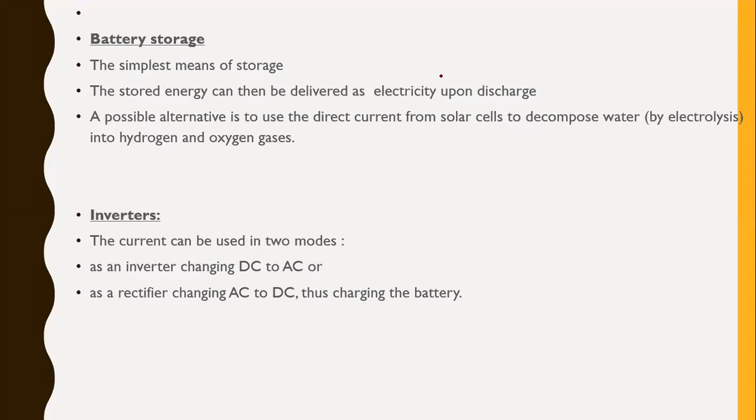What is that? If you use the direct current from the solar cells to decompose water by electrolysis into hydrogen and oxygen, these gases we can store in suitable forms. These can be used in a fuel cell in our process of generating electricity.